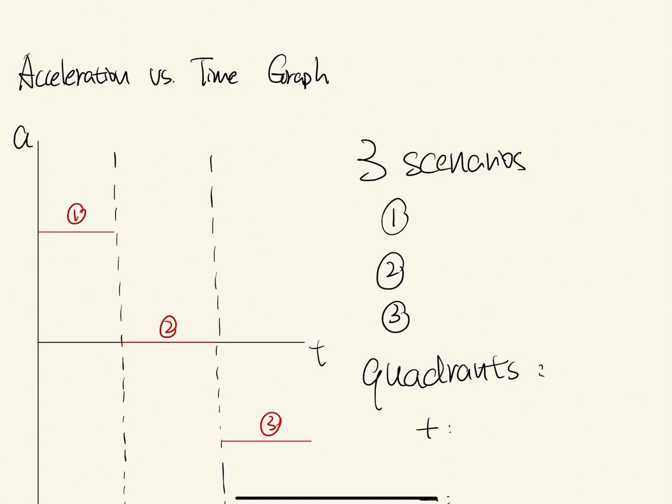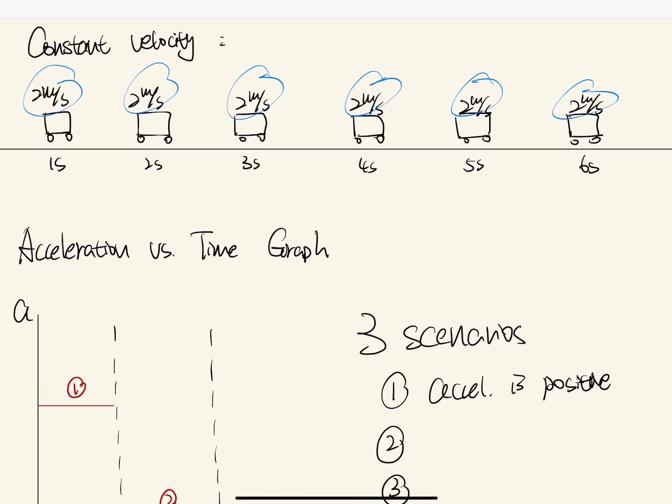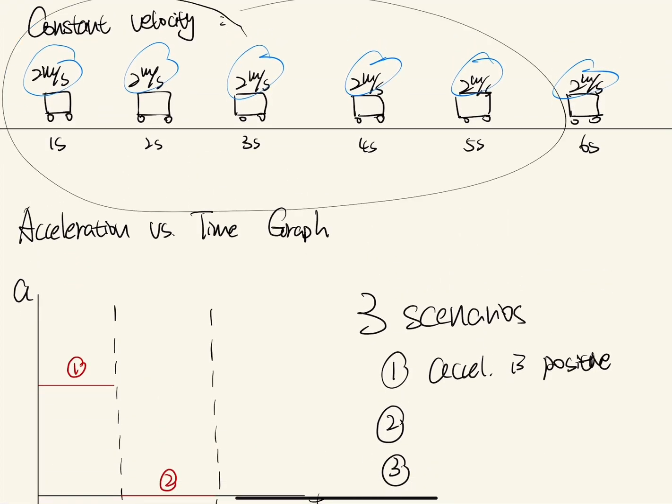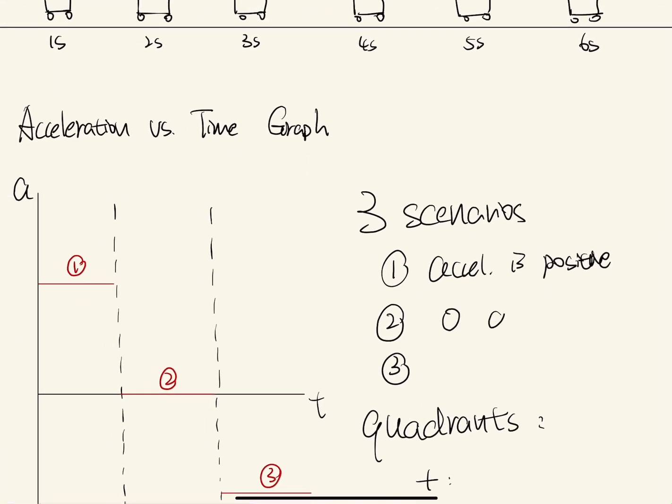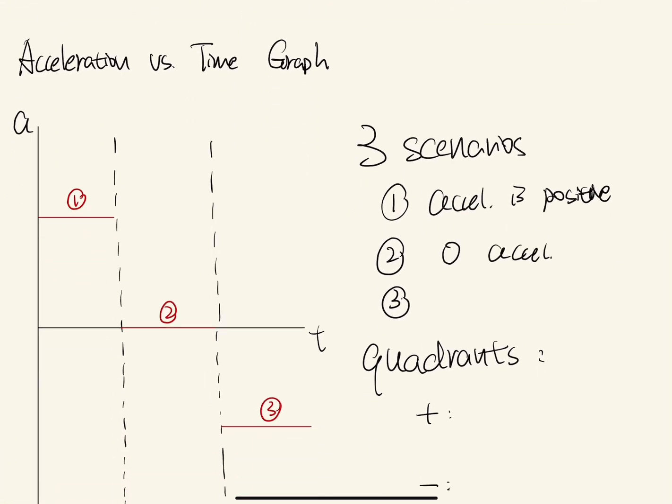The first one is when acceleration is positive. The second one is like this scenario when the velocity is constant, so zero acceleration. And the third scenario is when the acceleration is negative.